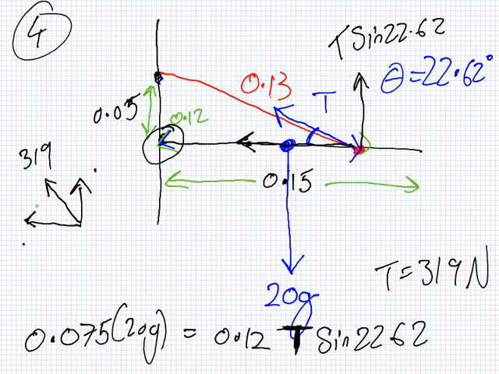So let me see, 319 cos 22.62 is 294 newtons, and then sine gives 123 newtons.